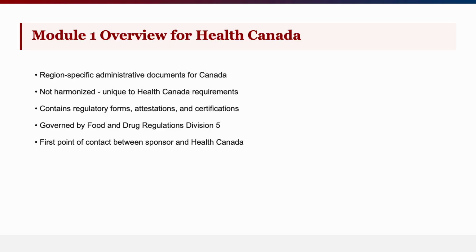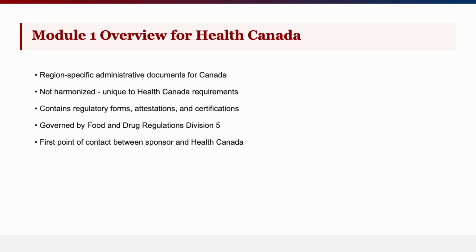Let's begin with an overview of Module 1 for Health Canada submissions. As I mentioned, this module is unique in the CTD structure because it varies by region. Module 1 for Health Canada contains all Canadian-specific administrative documents required under the Food and Drug Regulations, particularly Division 5, which governs clinical trials.